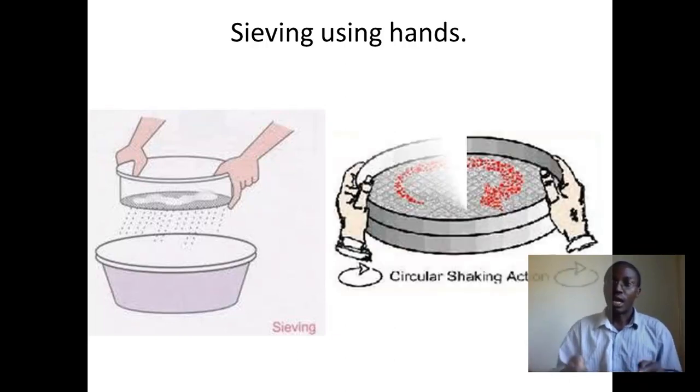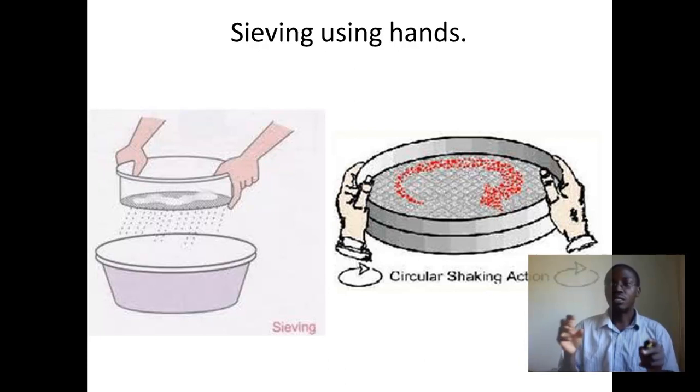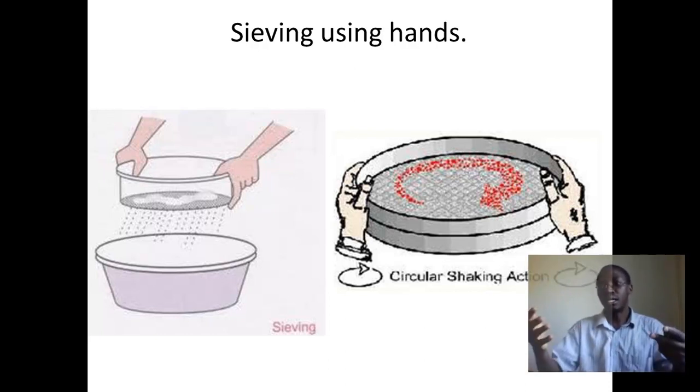The shaking of the sieves with sand particles is done in a circular motion. The sand particles retained on the sieves are collected and weighed. The sand particles that pass through the sieves are transferred to the next sieve, say sieve 6.3. The process is repeated until all sieves are done.